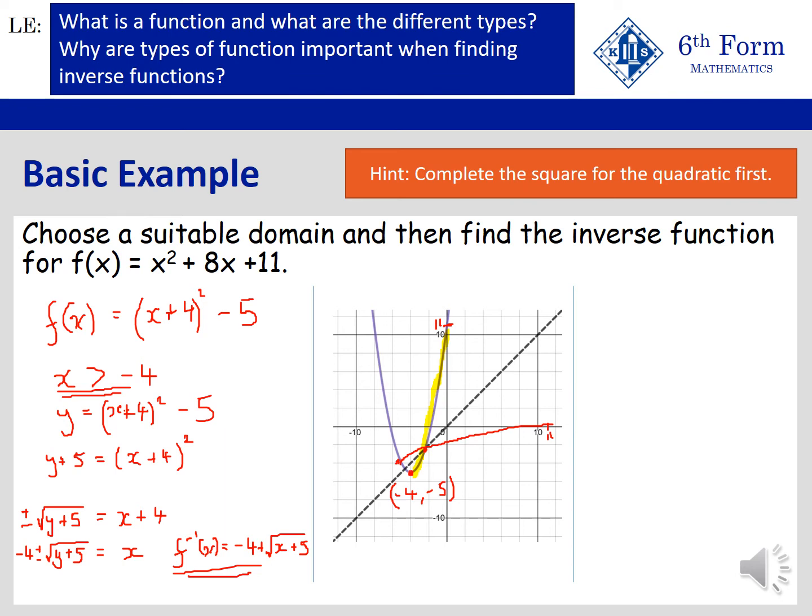If we did go for the other choice and we picked the other side of the curve and went for when x is less than -4, then we would want our inverse function to be -4 minus the square root of x plus 5 instead.